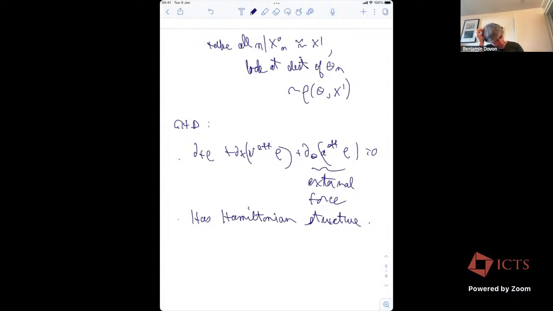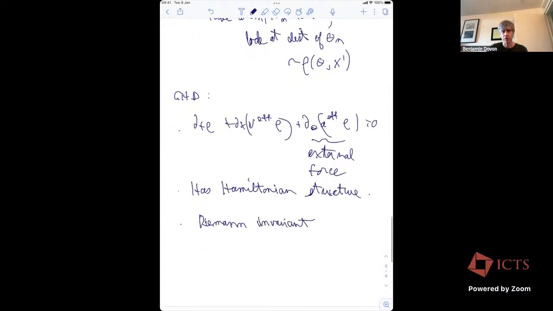There's also now you can calculate Riemann invariants. These are the things that evolve nicely under the time evolution, the things that are transported with the velocity.